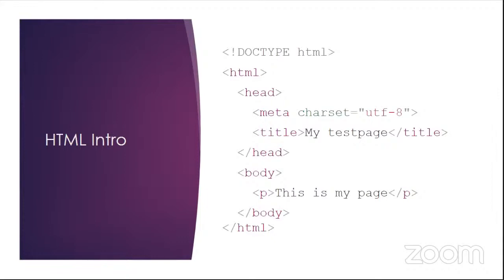We'll get into that later, but just understand that if you want your HTML page to display correctly, you need to have this at the top of your HTML page: exclamation mark, doctype, html. It needs to start every HTML page that you write. This needs to be at the top.